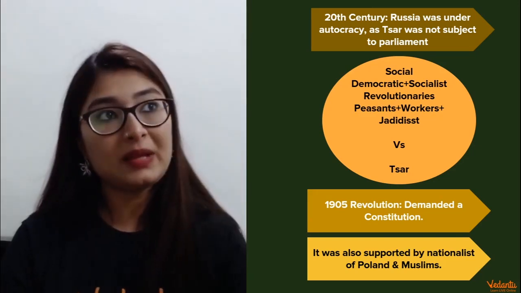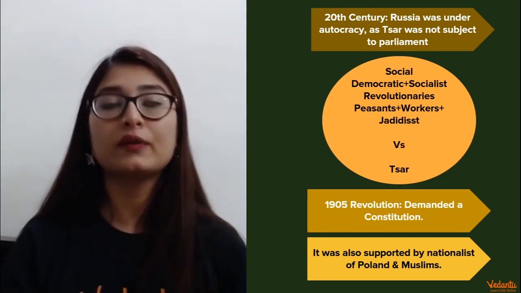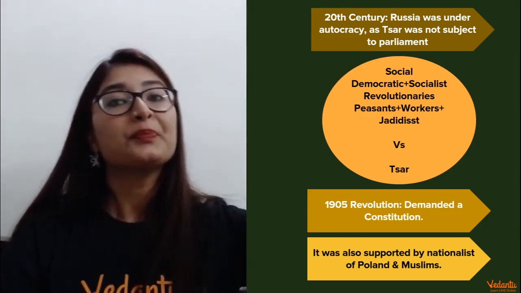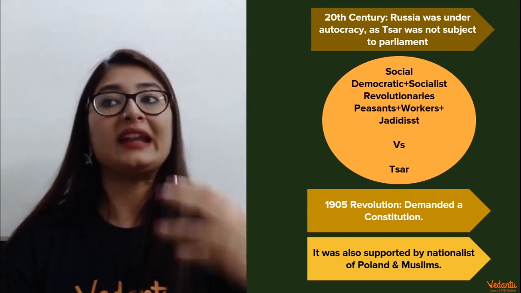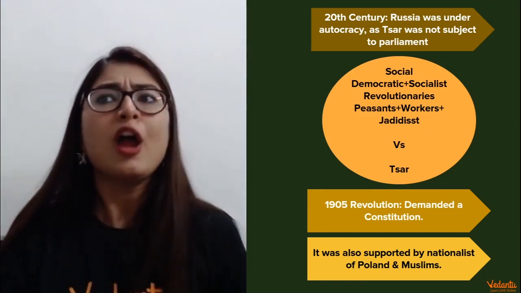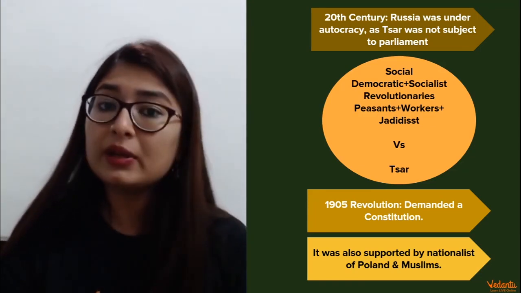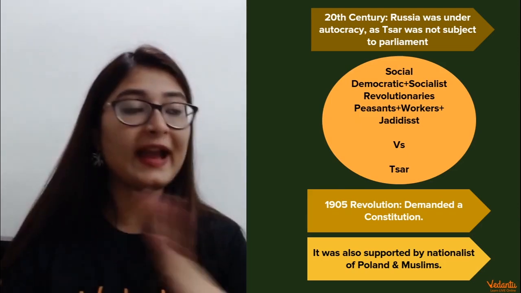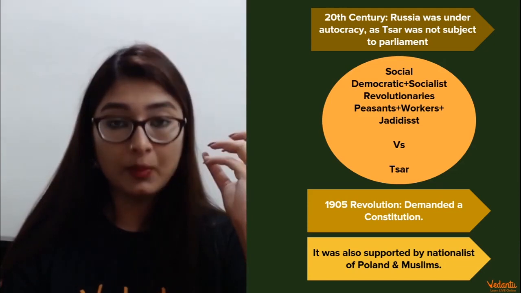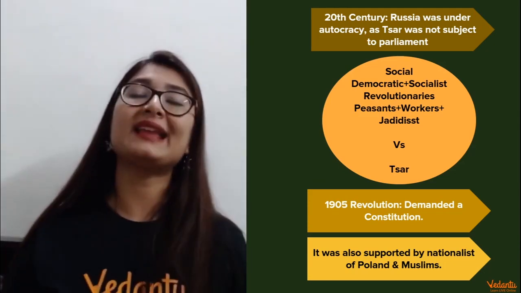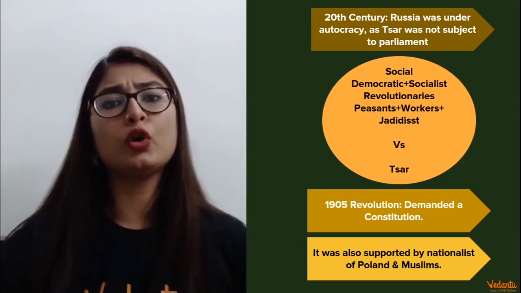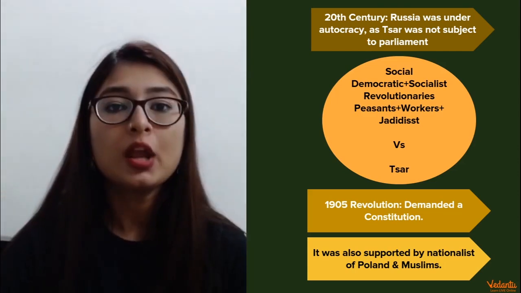But people had started getting influenced by the idea of socialism, and the French Revolution had driven a wave which ignited the feeling of nationalism and liberalism, a demand for a liberal and free society away from a monarchical one. As a result, there were a lot of groups who stood against the Tsar.